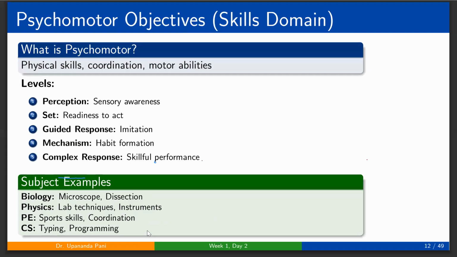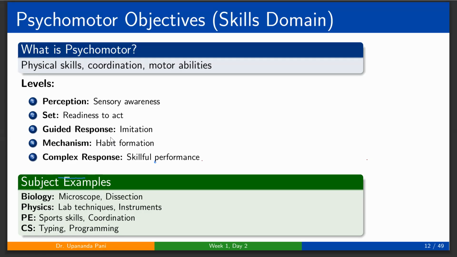Then next is the skill domain, that is the psychomotor objective. What is the psychomotor objective? This refers to physical skills, coordination, and motor abilities. Here also there are different levels. The first level is perception, that is sensory awareness. Next is set, readiness to act. Then guided response, that is imitation. Mechanism, that is habit formation. Complex response, that is skillful performance.